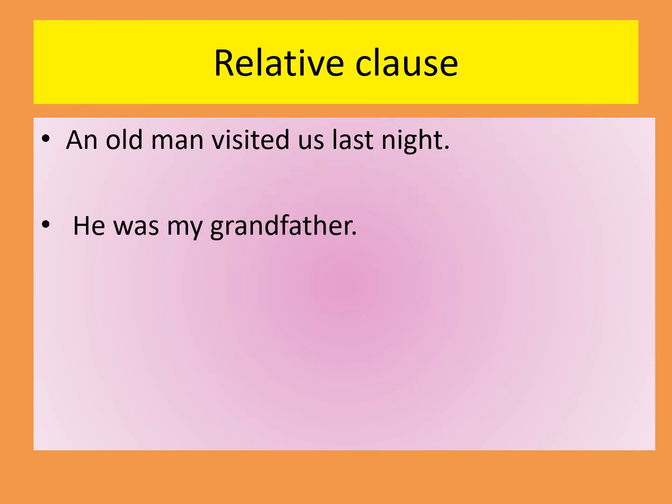Next sentence. He was my grandfather. This is also a sentence because this is giving complete meaning. It has a subject and verb, so we can call this a clause. Now I will join these two sentences or these two clauses using a relative clause.